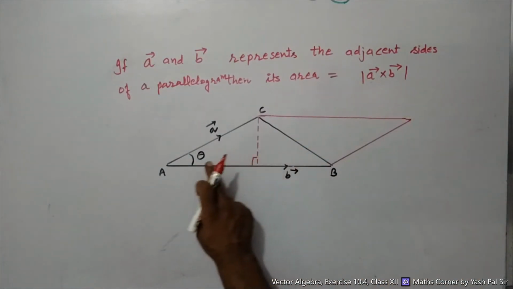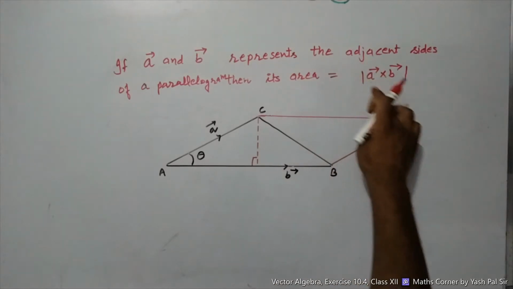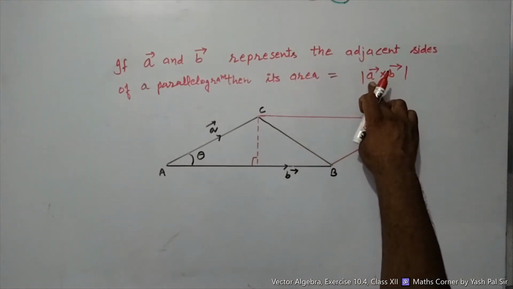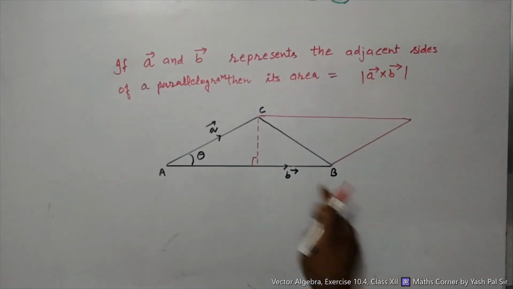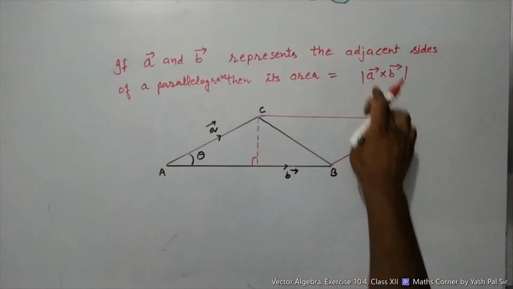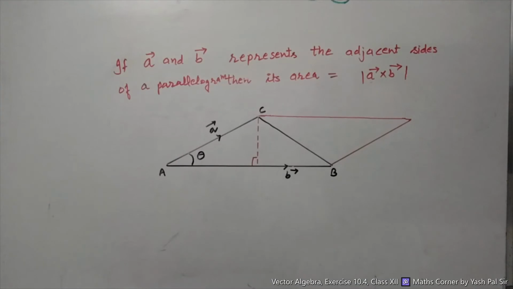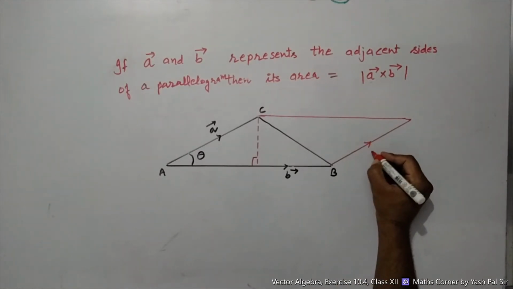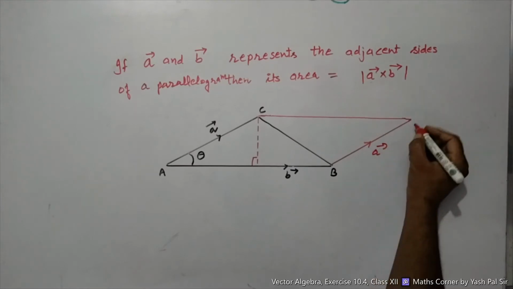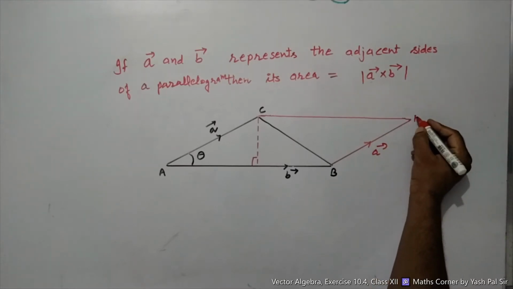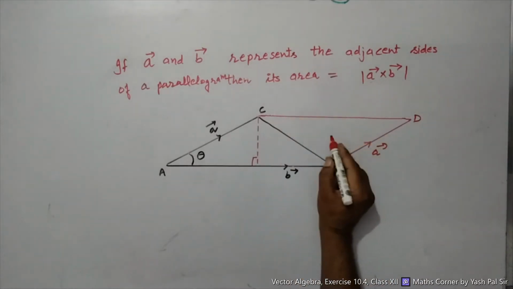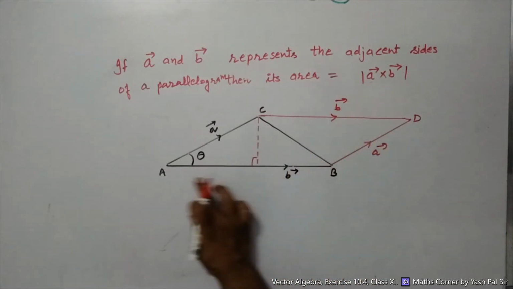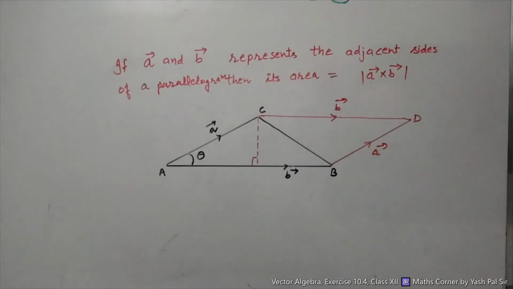So what we got here, area of triangle ABC was half the magnitude of A cross B. So half plus half, that becomes 1. This side is also equal to vector A and this side is also equal to vector B. Same magnitude, same direction.